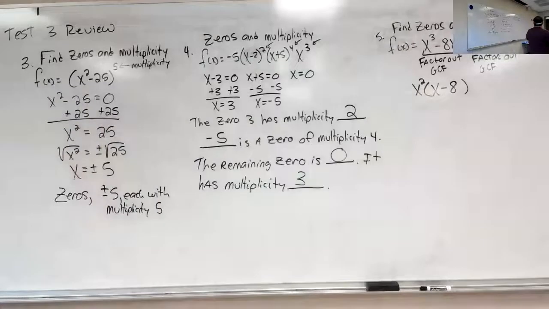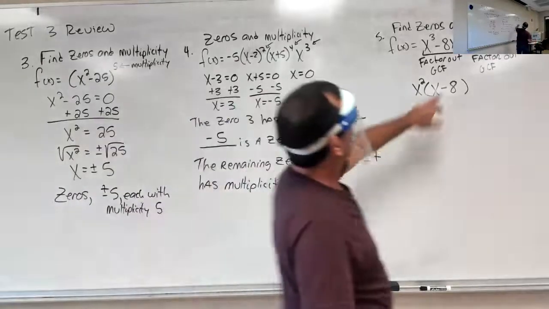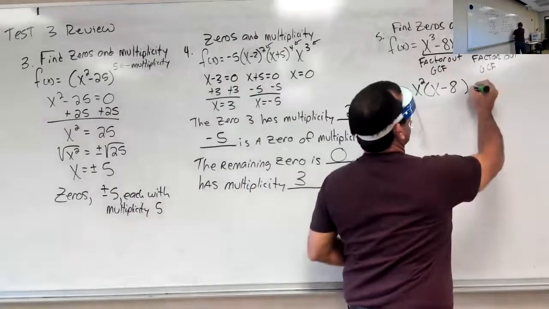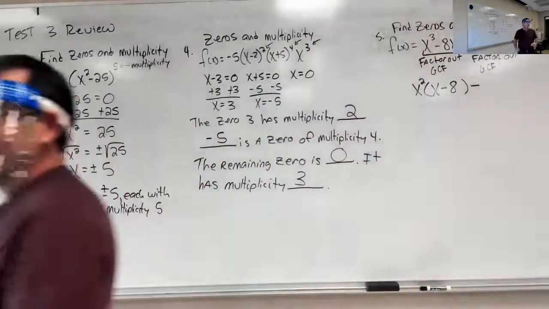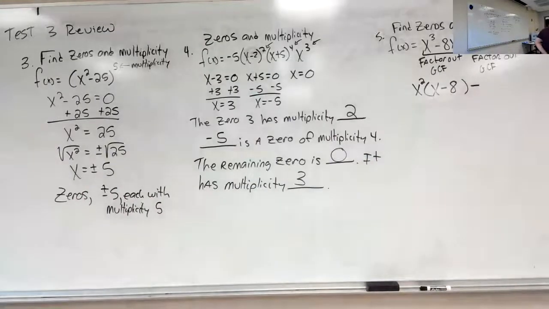Now, here's the thing on factor by grouping. We got to do that to the second group now. But the second group, their GCF always has to include the sign. So I'll tell you a trick. The sign of the second GCF is always the sign of the 3rd term. So since my 3rd term is negative, my GCF will be a negative something. So what's an x and an 8 got together?